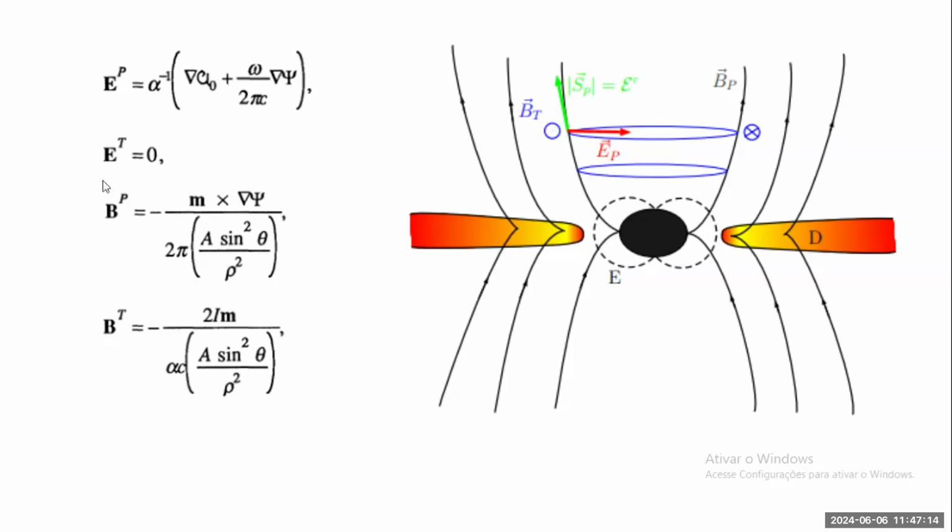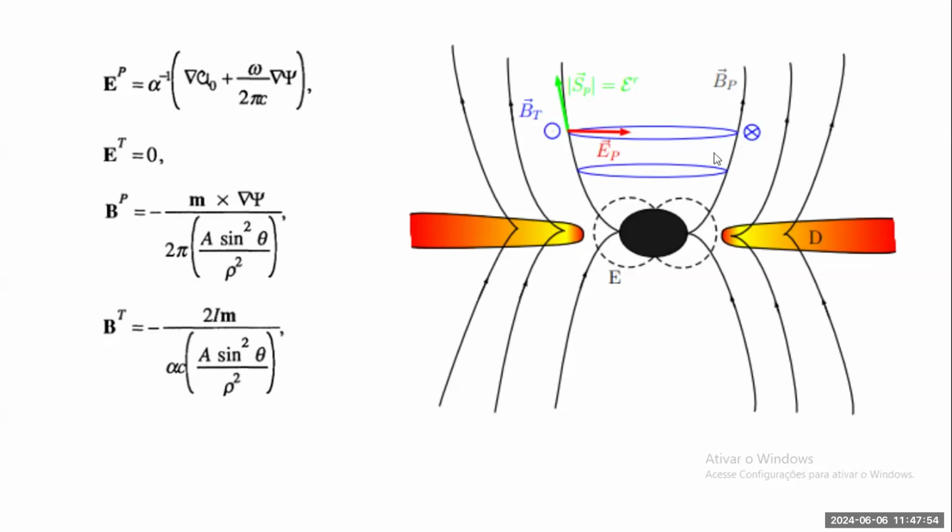Here, of course, we have the poloidal electric field and toroidal components. As we can see, I put this just to comment that the toroidal electric field is zero in this region. So, in a very simple way, we can calculate the Poynting flux between the poloidal electric field and toroidal magnetic field, and we can see that we have a flux coming out from the black hole, right?